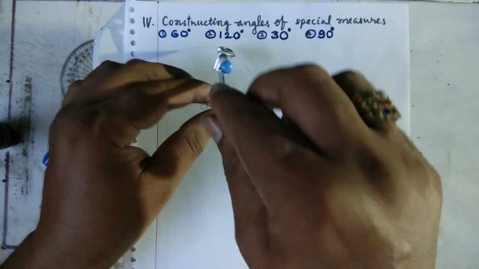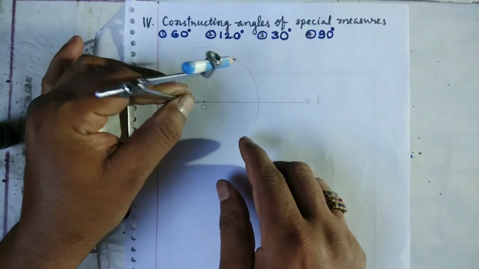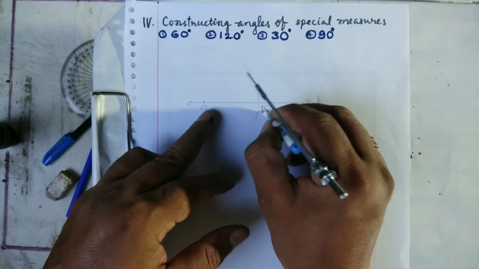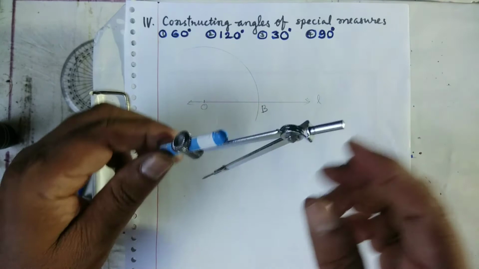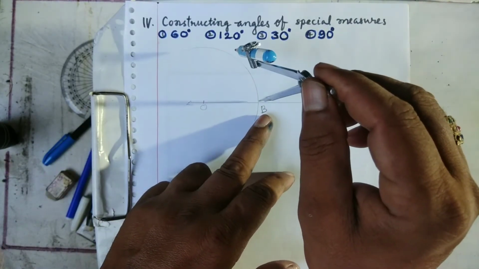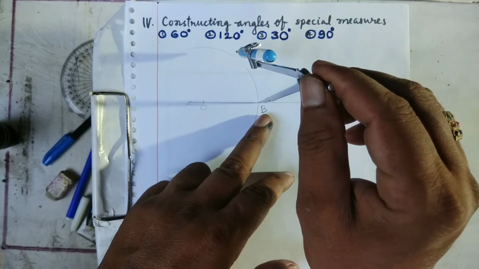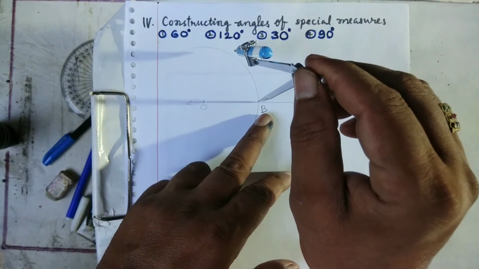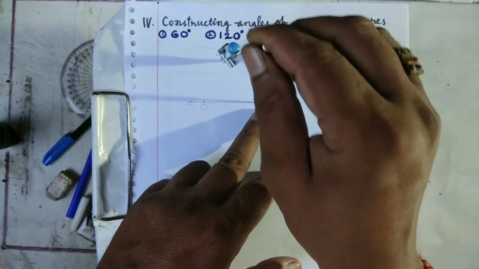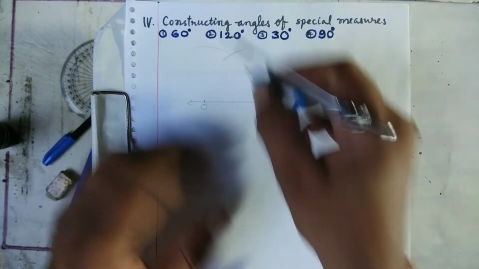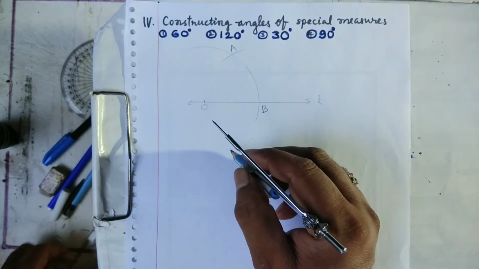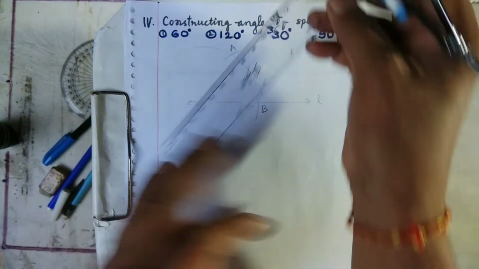Cuts the line at B. Now B as center, same radius, cut this existing arc at A. Now draw OA ray.